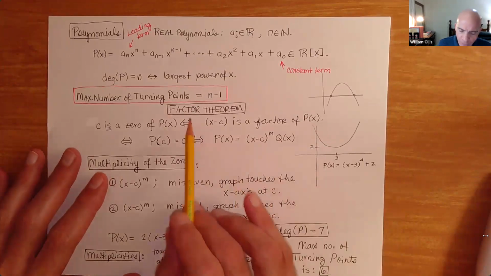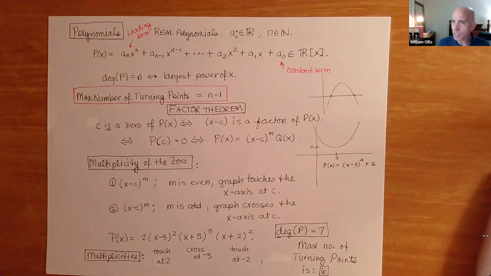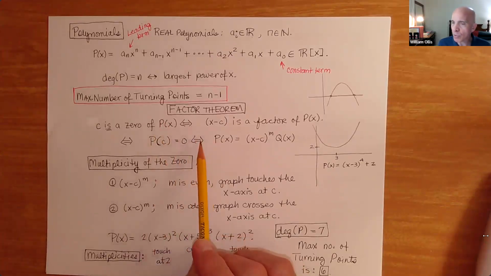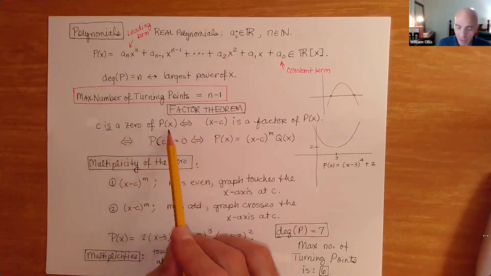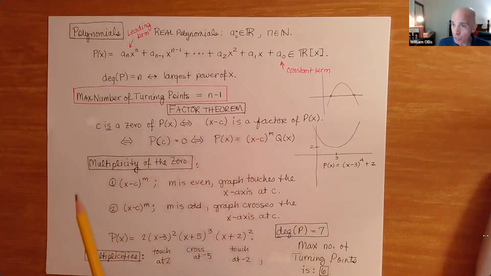Now, one thing that the author doesn't necessarily state when the polynomial functions are introduced is the factor theorem, even though it is certainly used as a point in the particular section. So what we're going to state here is something you already know, but basically if c is a zero of the polynomial p of x, x minus c must be a factor. Okay, now what does that mean?